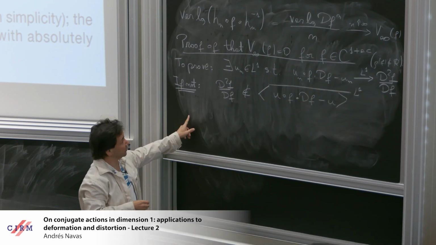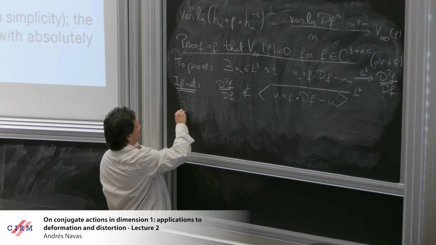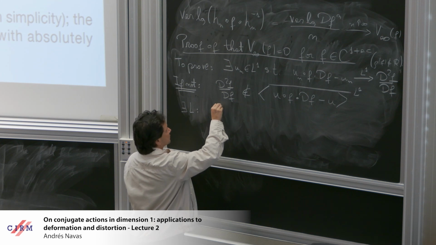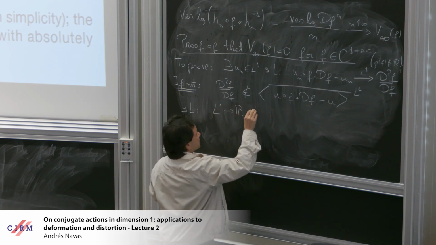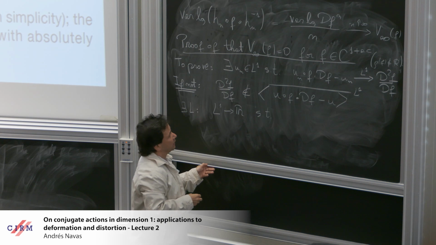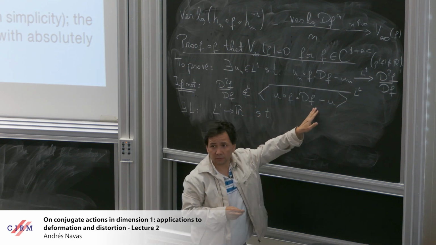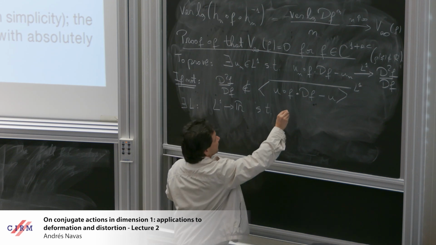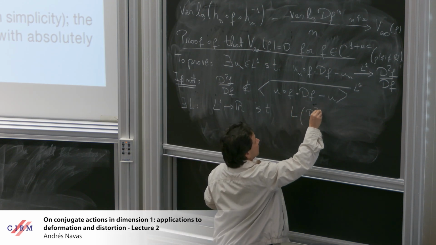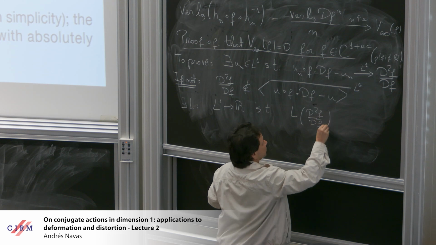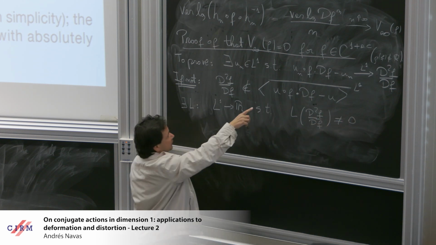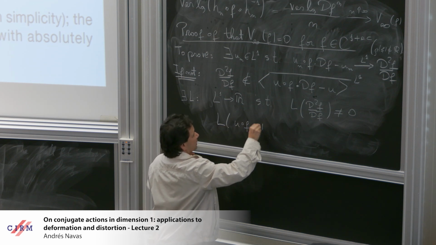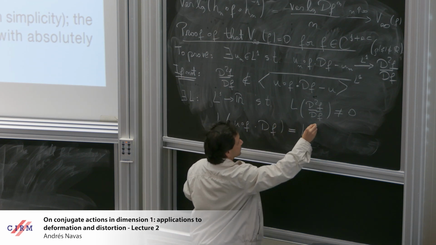And in that case, the Hahn-Banach theorem would give a linear functional defined on L1 such that it vanishes on this space and it is non-zero here. So the first thing is that L of the affine derivative is non-zero and it vanishes on this space. That means that it is invariant under change of coordinates.